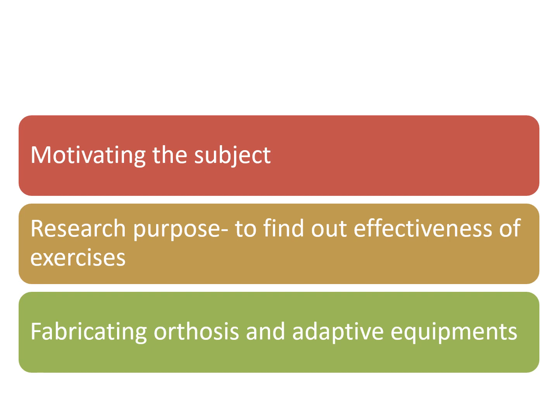So these readings also help in motivating the patient. This is helpful for research purposes also. It also helps in formulating or fabricating new orthoses or adaptive equipment. So there are many uses of goniometry, and it's very important for a physiotherapist to know this.